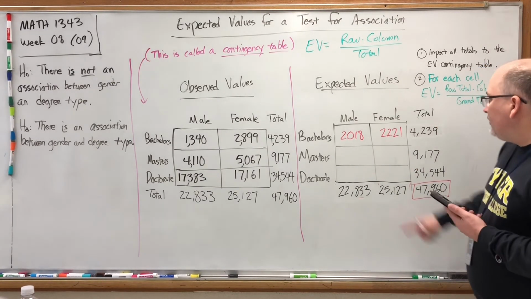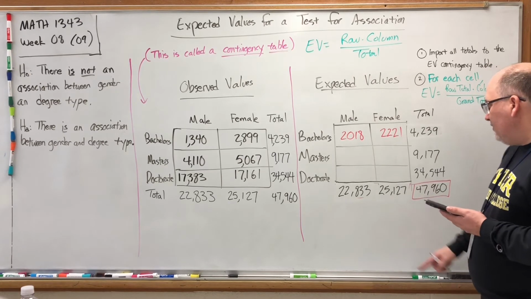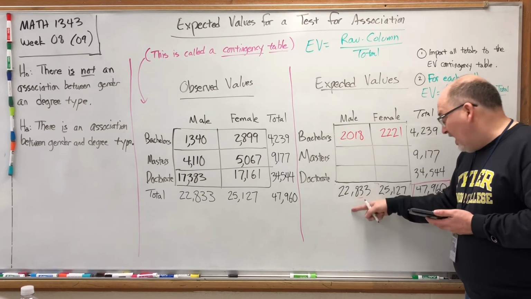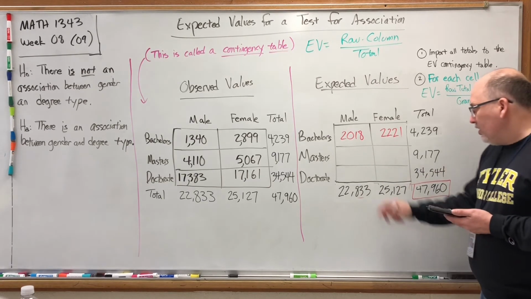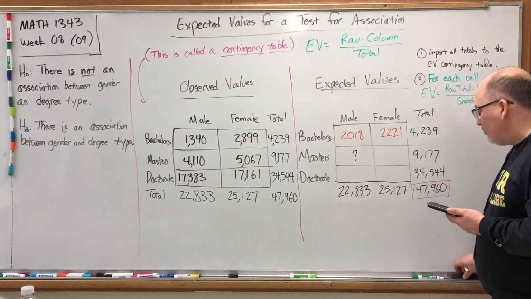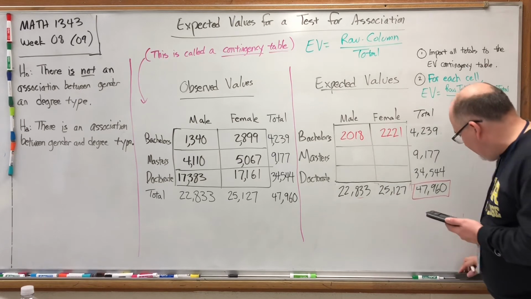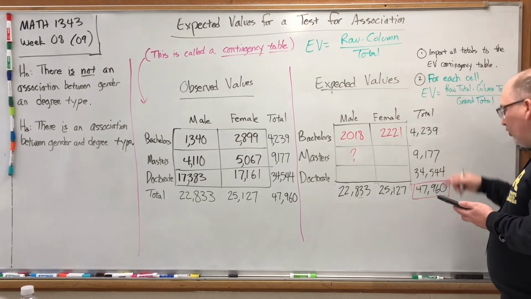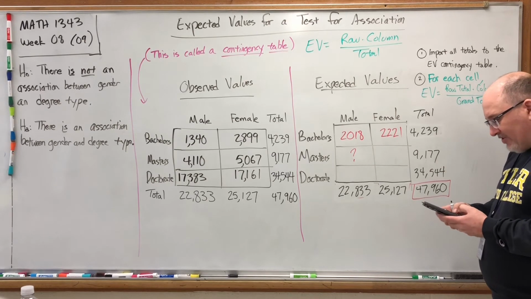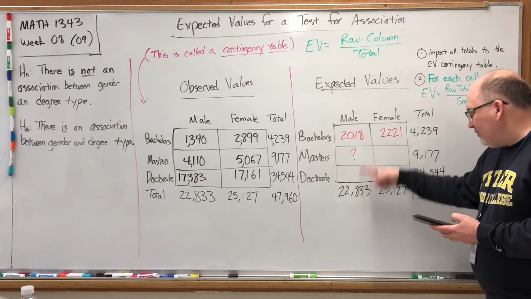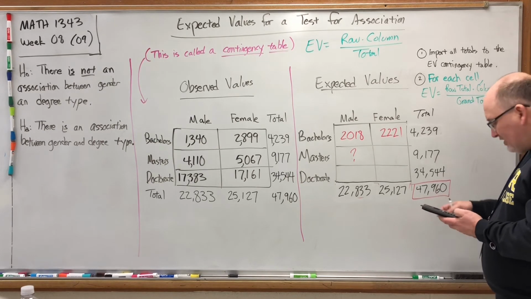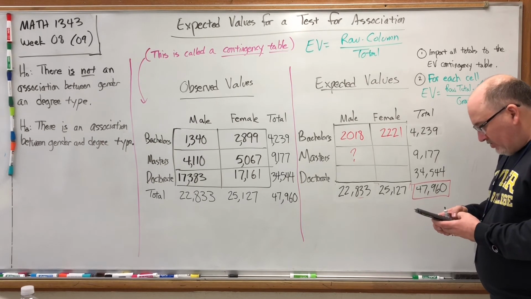All right, so let's move to males who receive master's degree. We multiply the row total times the column total and divide it by the grand total. So for this cell here, let's go back to red for a second. So for this cell here, the row total is 9,177 times the column total, 22,833, divided by the grand total, 47,960.